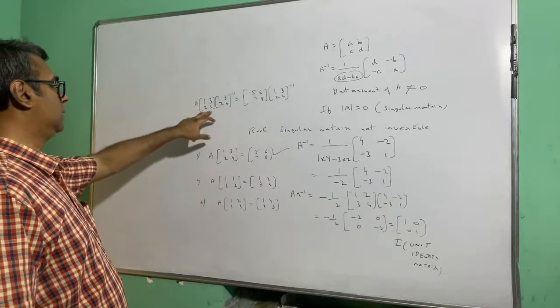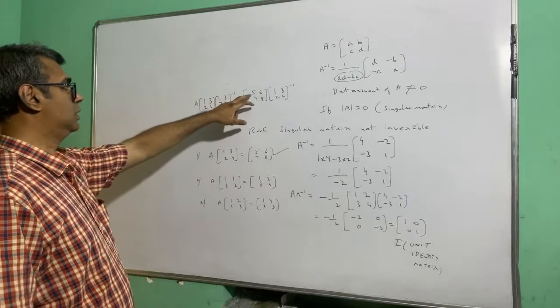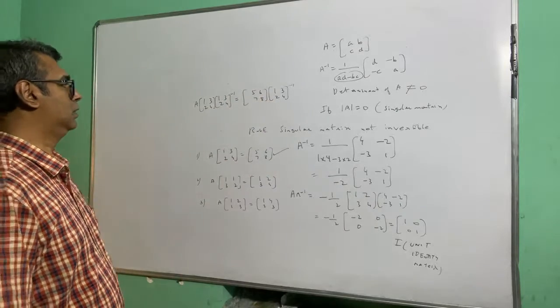So A into 1, 3, 2, 4 into inverse of 1, 3, 2, 4 is 5, 6, 7, 8 into inverse of 1, 3, 2, 4.